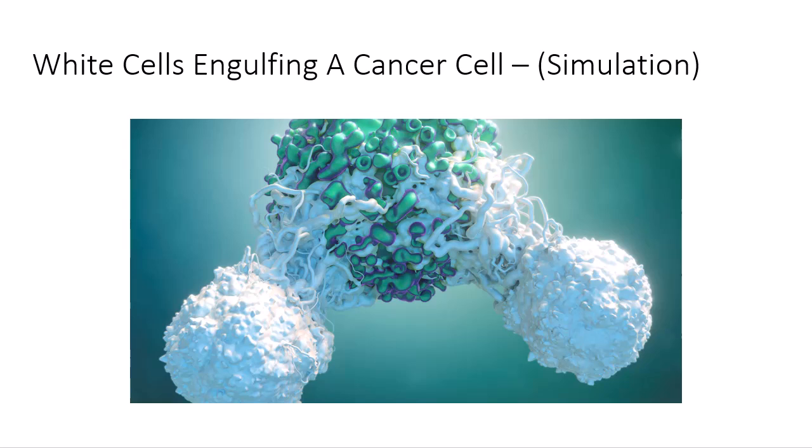Here's an artistic simulation of two white cells beginning to engulf and destroy a cancerous cell, and they have done that after identifying the surface proteins on the cell as foreign, and that then prompts them to attack.